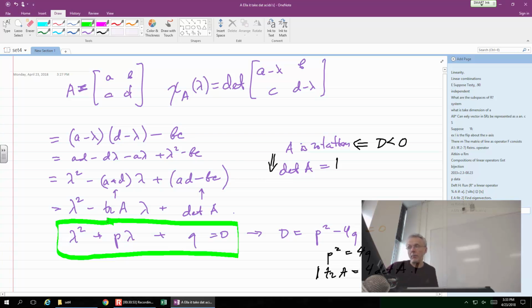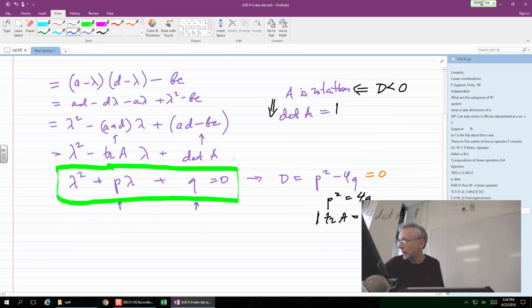You have some numbers here and there, and examining those two numbers should be sufficient for us to tell what this thing is. So you look at the discriminant of this, p squared minus 4q. If it's positive or negative, you already have classified things sufficiently, right?